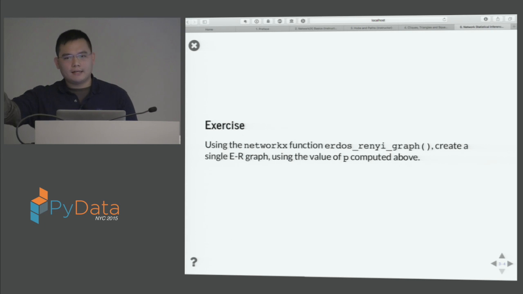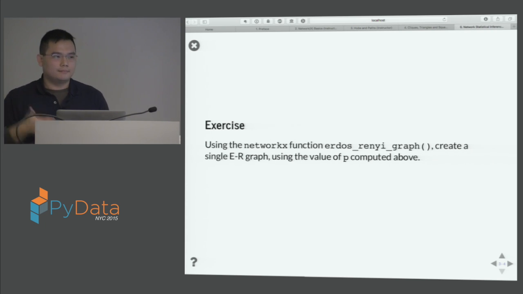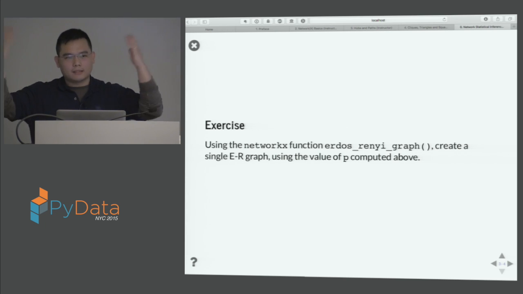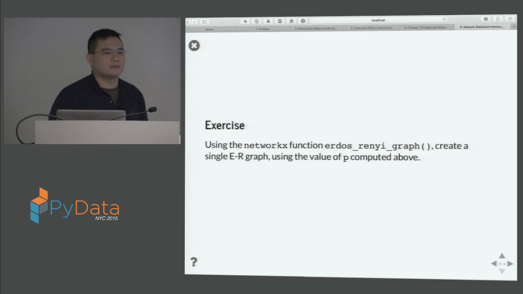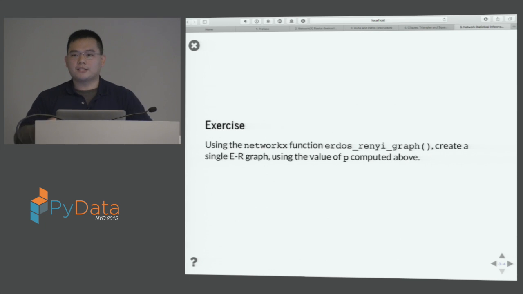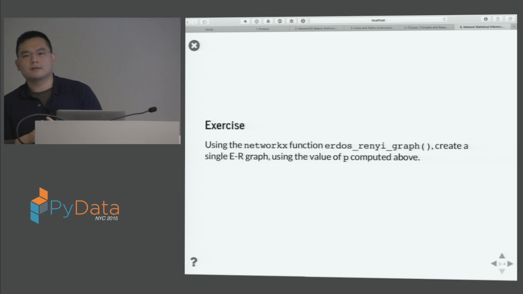You'd pass in n, and you'd pass in p. If you're familiar with statistics, this looks exactly like the binomial distribution parameters. And make sure your ER graph has the same number of nodes as the synthetic social network.